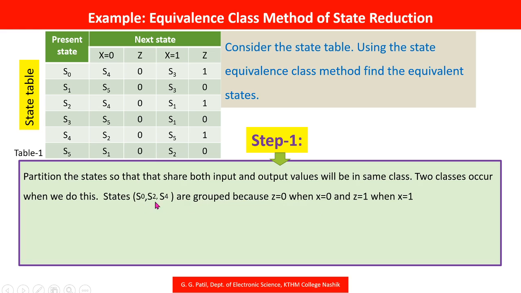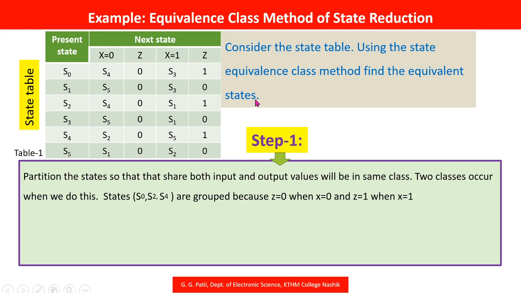See here why these three states are grouped together: S0, S2 and S4. See the outputs. For input x equals 0, the output is 0, 0 and 0. So the outputs are same, and similarly here 1, 1, 1. Here the output is different.